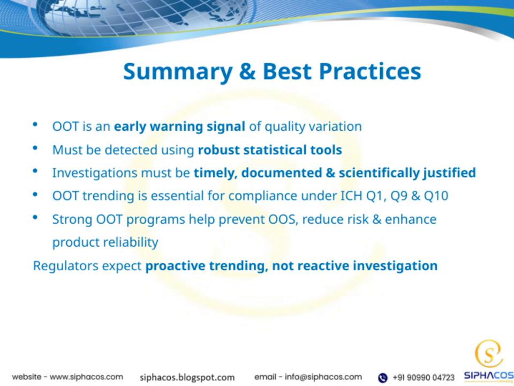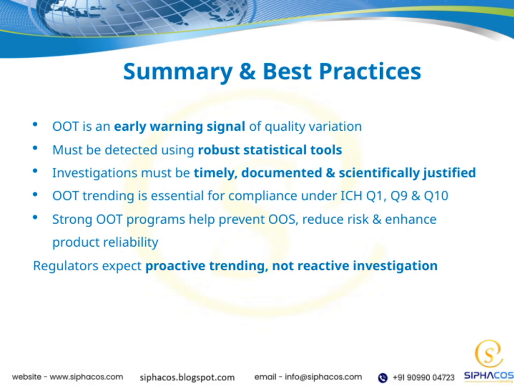Trending OOT over time is also essential, especially for maintaining compliance with regulations like ICH Q1, Q9, and Q10. These guidelines emphasize the importance of proactive monitoring rather than reactive responses. Having a strong OOT program in place helps us prevent out-of-specification, or OOS, results.